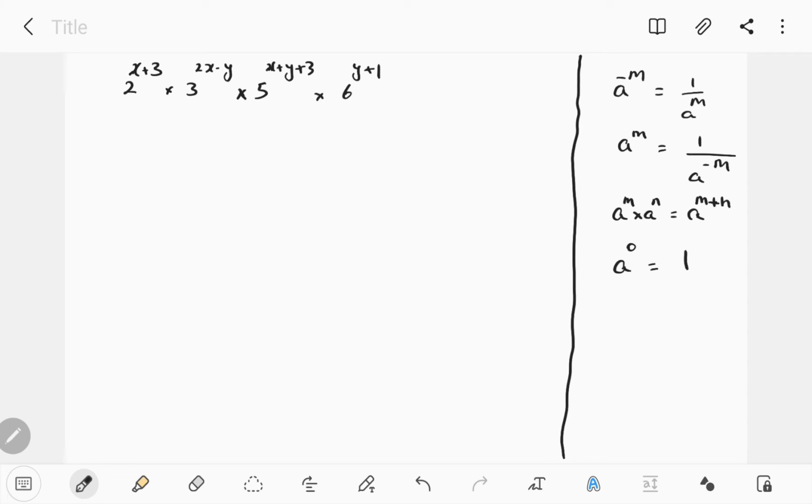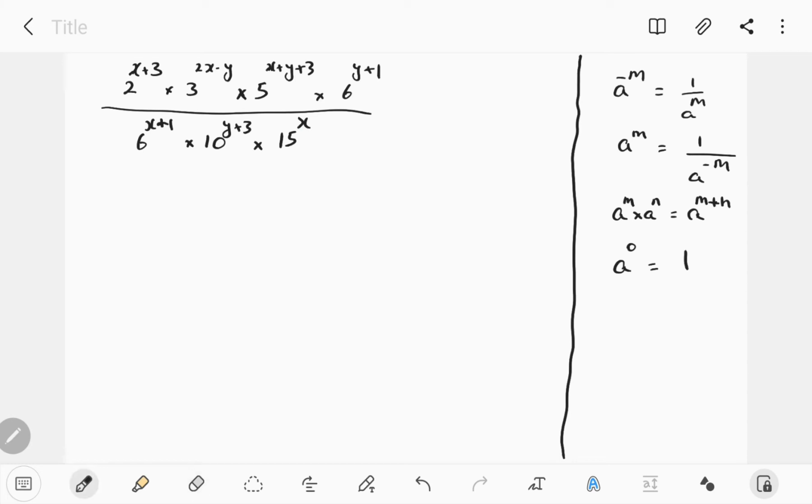The whole of this expression divided by 6 power x plus 1, multiplied by 10 power y plus 3 multiplied by 15 power x.